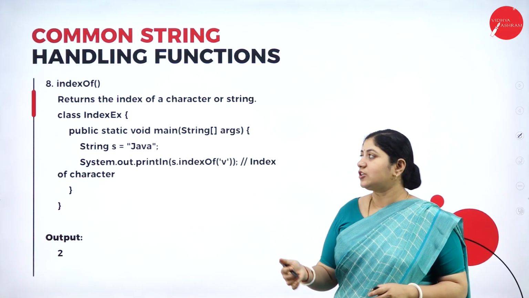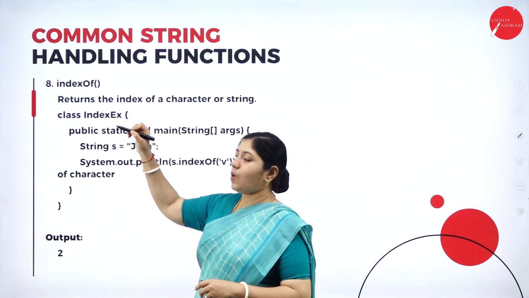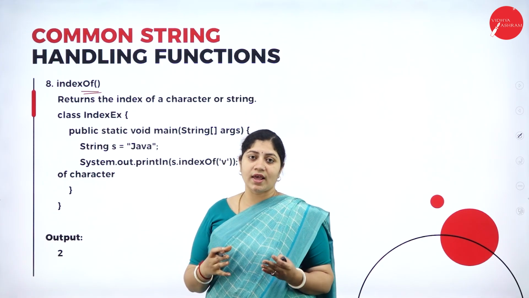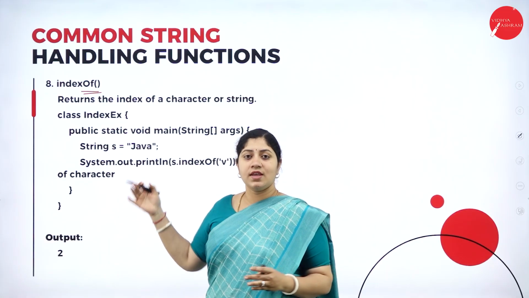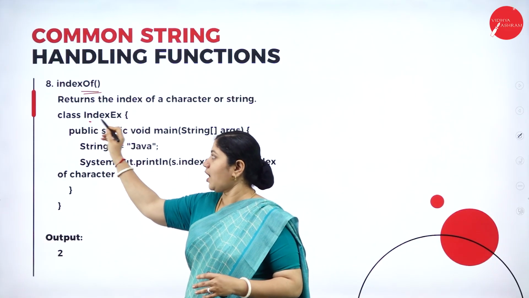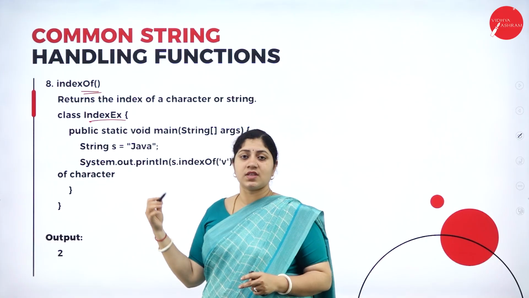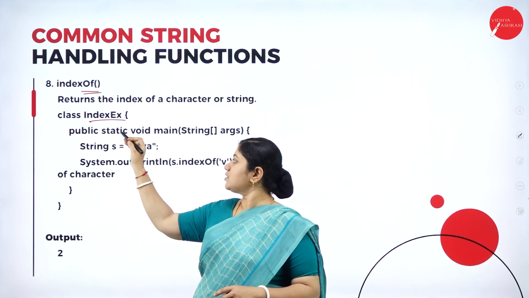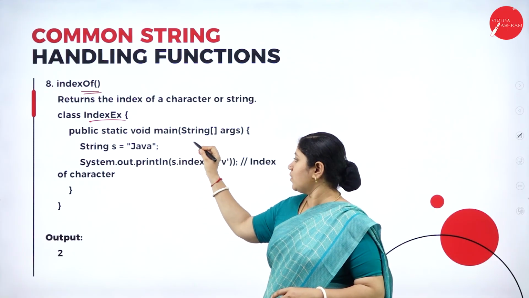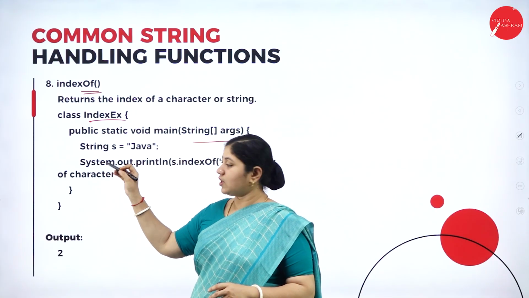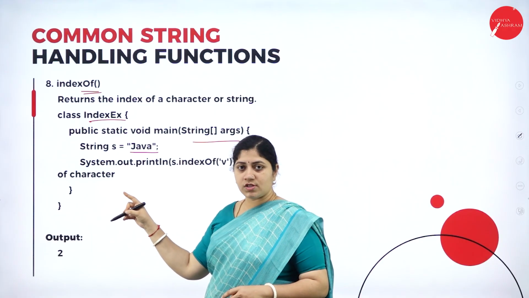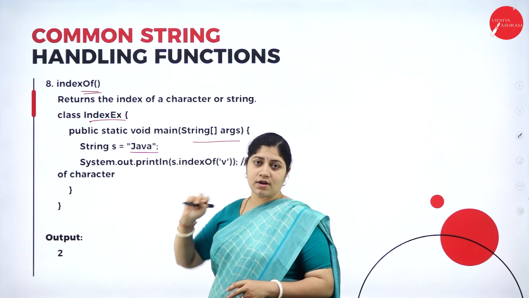Alright, the next type of function is none other than indexOf. This indexOf is used to return the index of a character or a string. Let's see an example for the same. Here we have defined a class IndexExample, and we are again writing a main method, that is public static void main of String args, and the string we are considering is String s as Java. Then with respect to the print statement, we are including indexOf, correct?